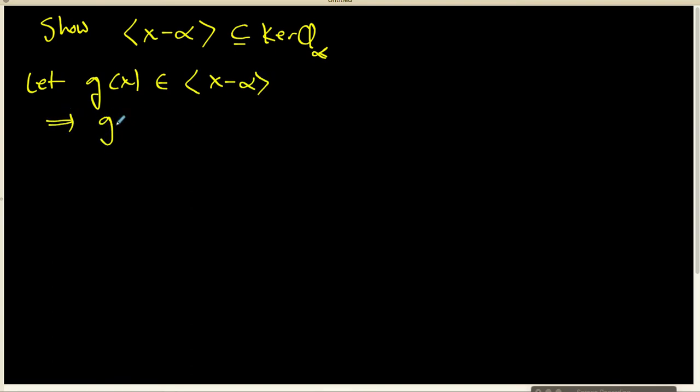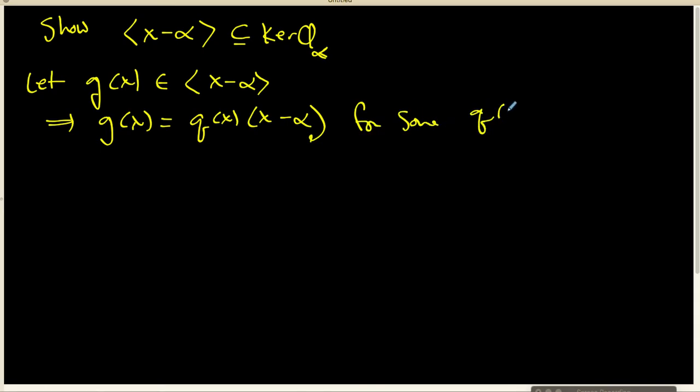That says that g of x is equal to q of x times x minus alpha, let me make my parentheses look better, for some q of x inside f square bracket x.